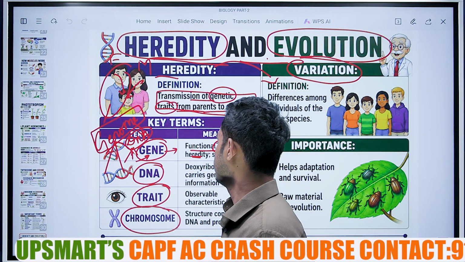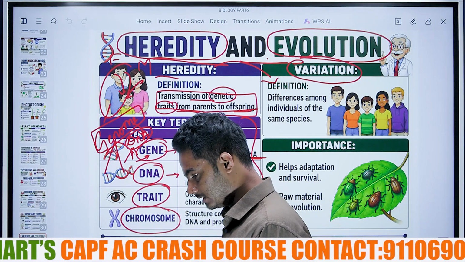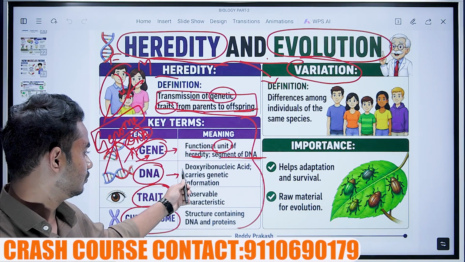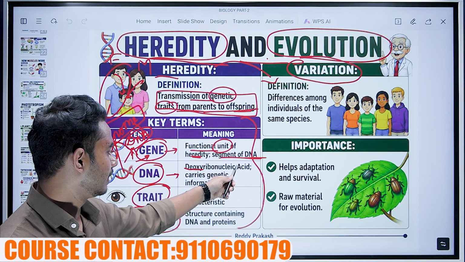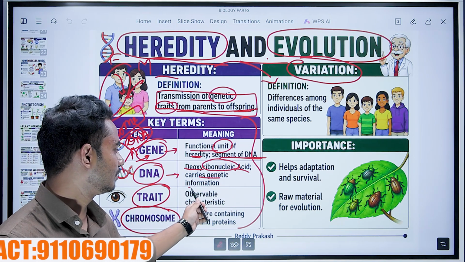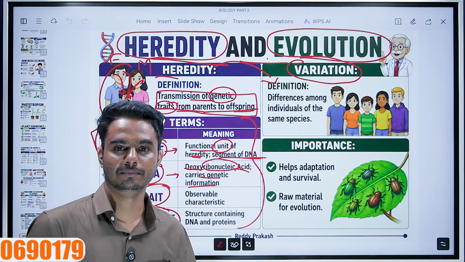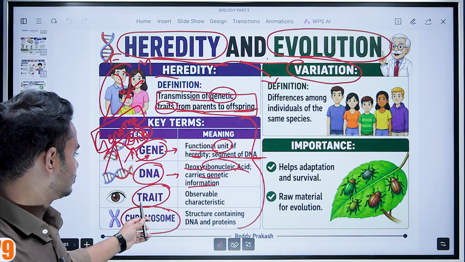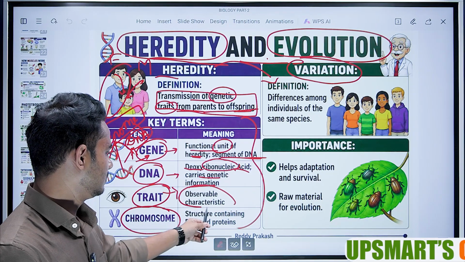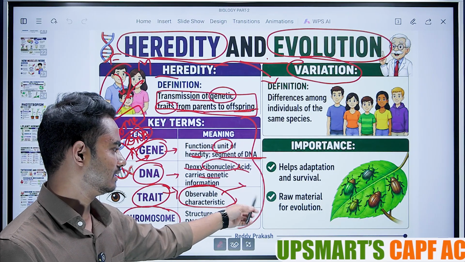Fine. Next, what is DNA, sir? What is the full form of DNA, sir? DNA refers to deoxyribonucleic acid. It carries the genetic information with evolution and heredity. Okay. Next, what are traits, sir? Traits are observable characteristics, genetic traits.